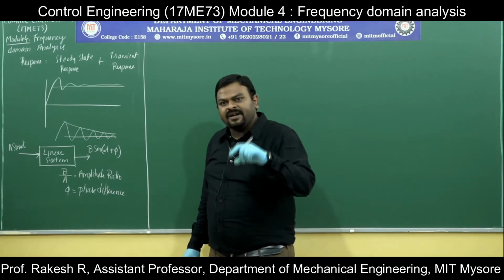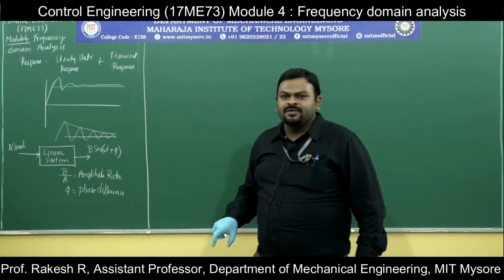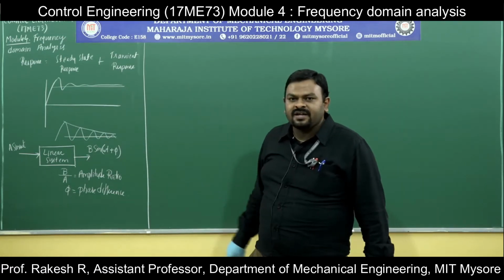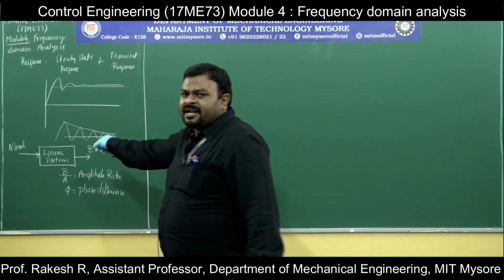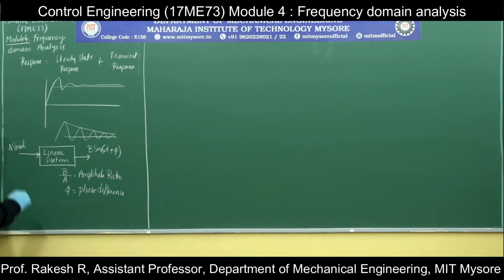Those values will be different for the output in comparison with the input. This is what we have to observe here. Let us write a response, how this graph will be. So this is the input.